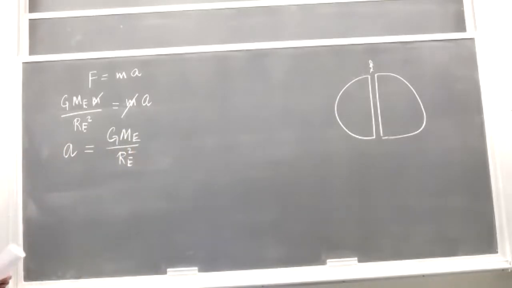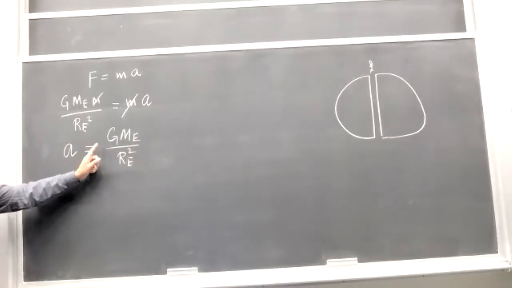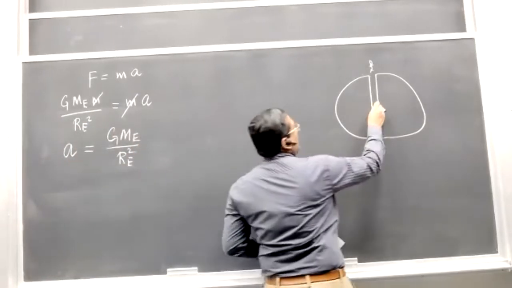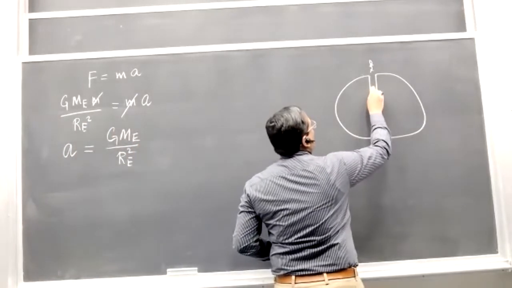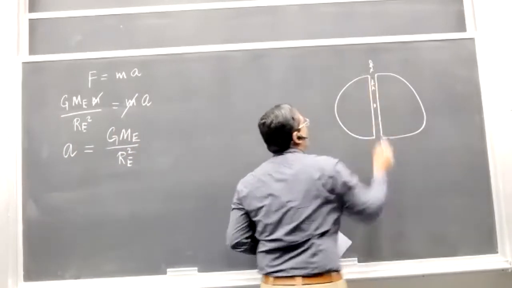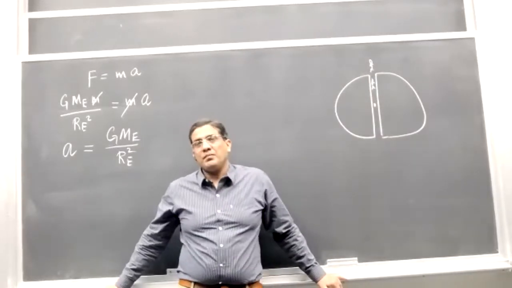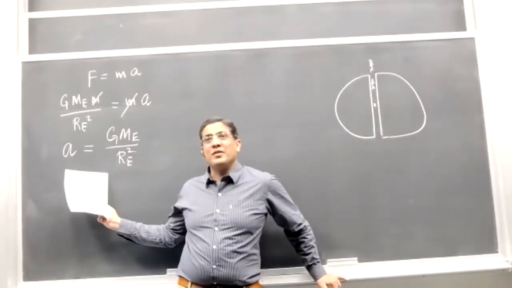But this is on the surface of Earth. What would be the acceleration as you go down? Let's say this is the center and you're standing here. What would be the acceleration at this point? Would it be the same?